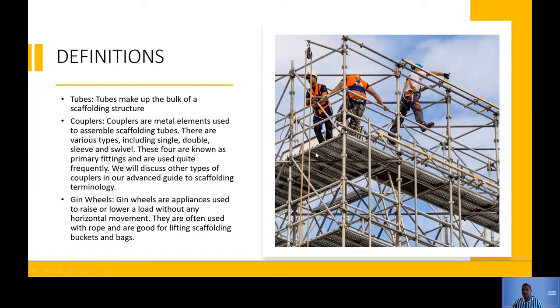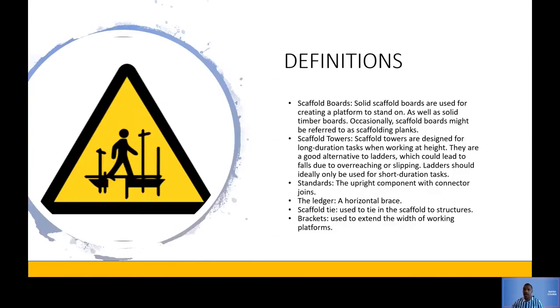Scaffold tie, used to tie in the scaffold to the structure. So this one has no tie, because a tie is an anchor for the scaffolding that connects to the building for extra support of the scaffold. And then brackets are used to extend the width of the working platform. Let's see if they're here.